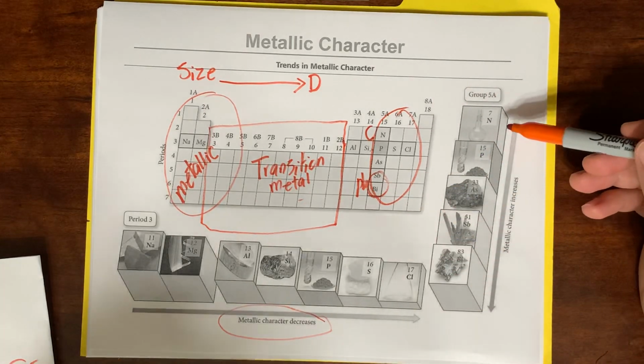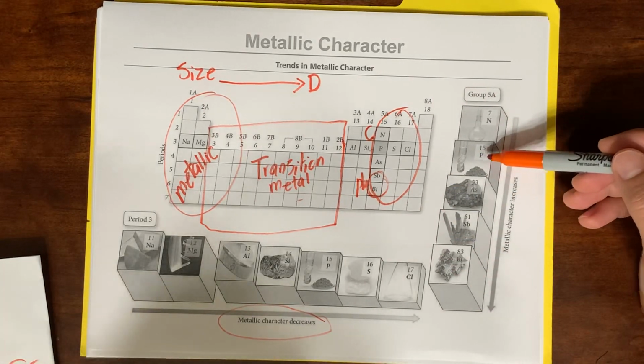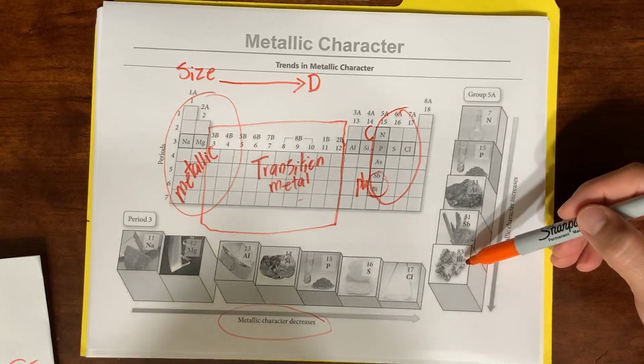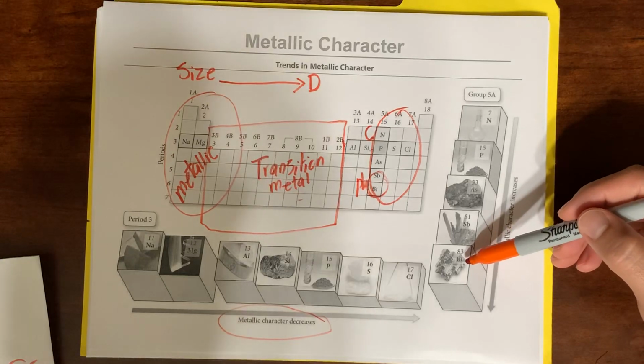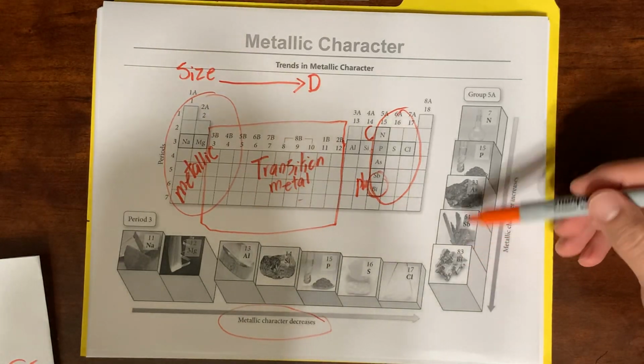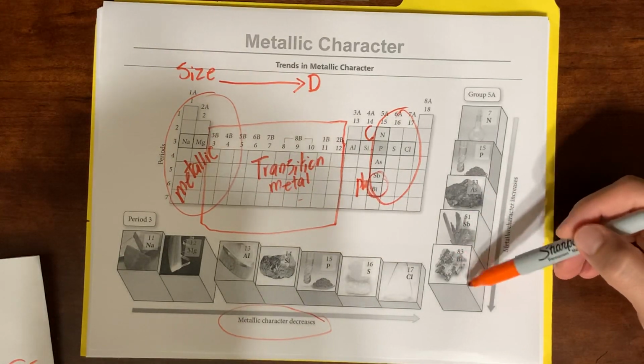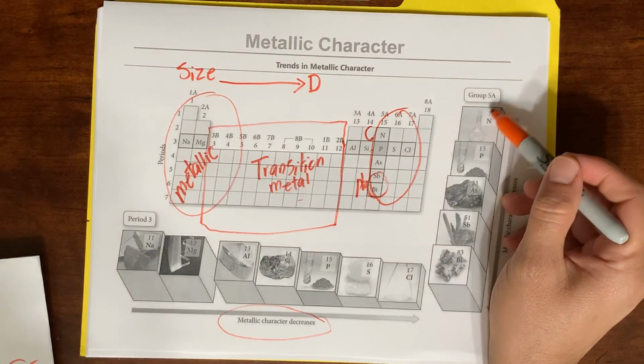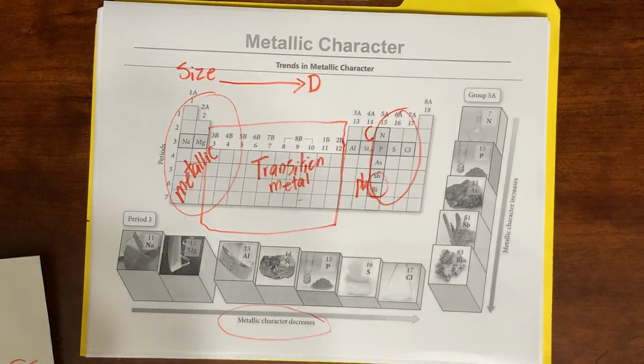And as you see here, nitrogen, phosphorus, arsenic, and then until you reach bismuth or Bi, you see this one behaves exactly like a metal, even though the group is a non-metal group.